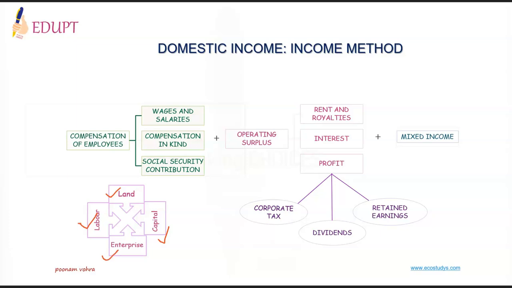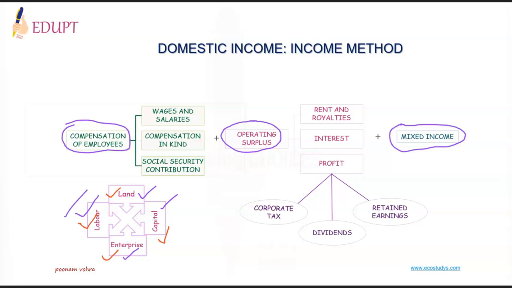Income earned by four factors of production is categorized as compensation of employees, to labor, operating surplus, to land, capital and enterprise, and finally mixed income to all the four factors of production. Further, compensation of employees has three subcomponents, that is wages and salaries, compensation paid in kind and social security contribution.